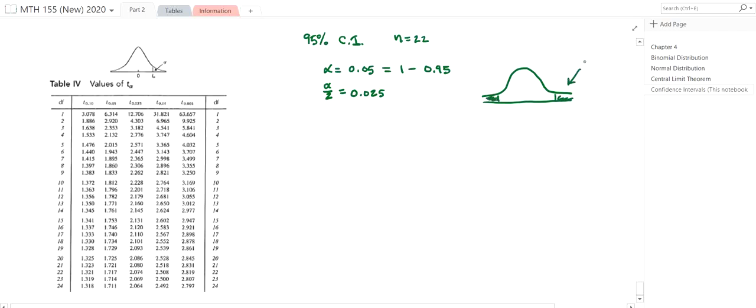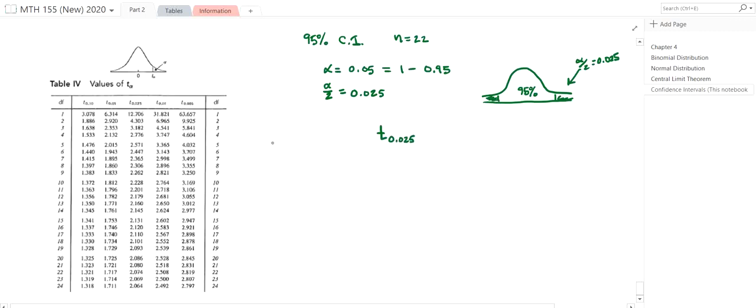So that means then, if I draw a picture here, the area here is alpha over 2, which is 0.025. Okay, that's important to know. This is 95%. This is 2.5%. Then to use this table, I need to enter the table at a t value of 0.025.